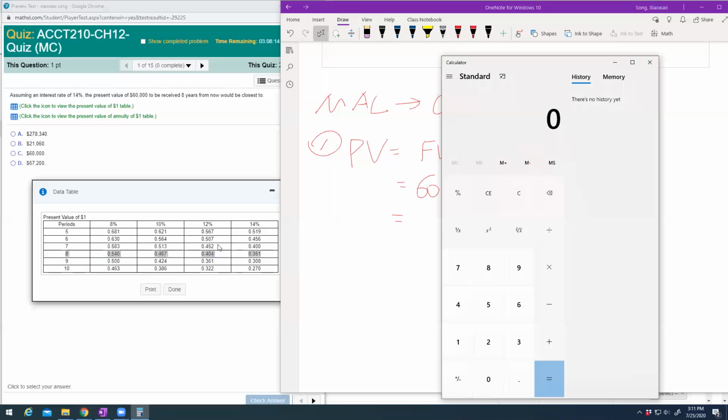We focus on present value in this chapter. If you take finance or other classes, you have to think about future value, but we only focus on present value in this class. Don't mix up present value and future value. Times 0.351, we got the answer 21.